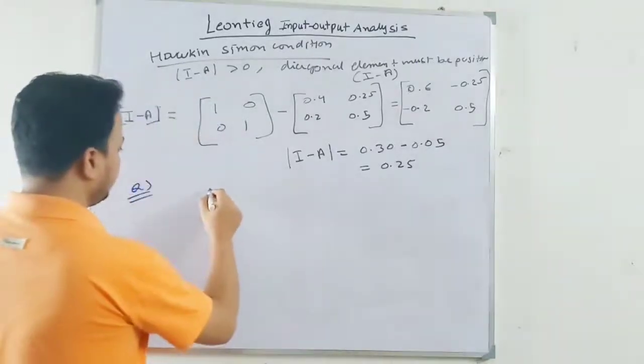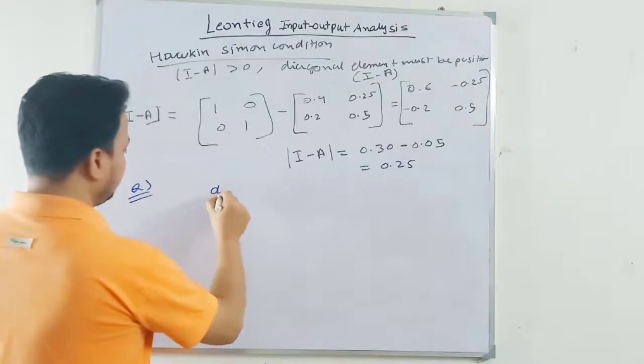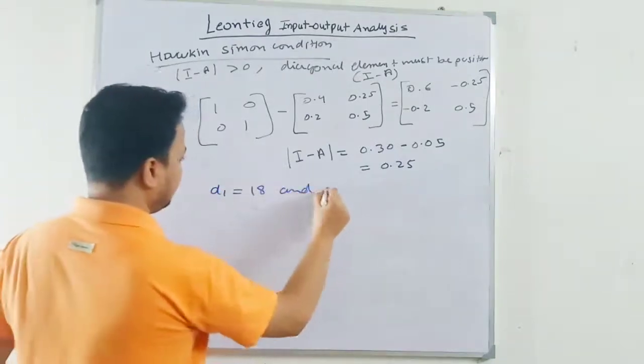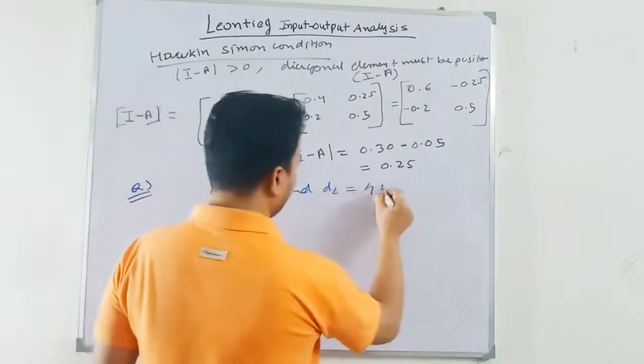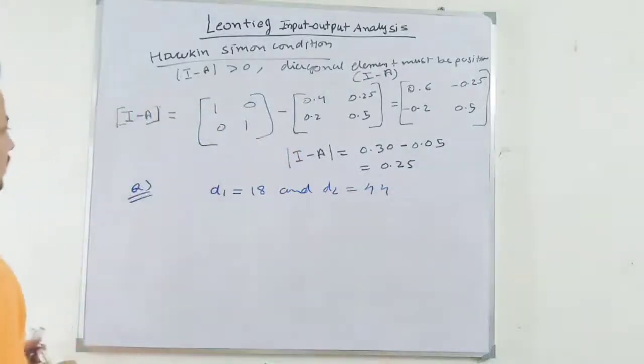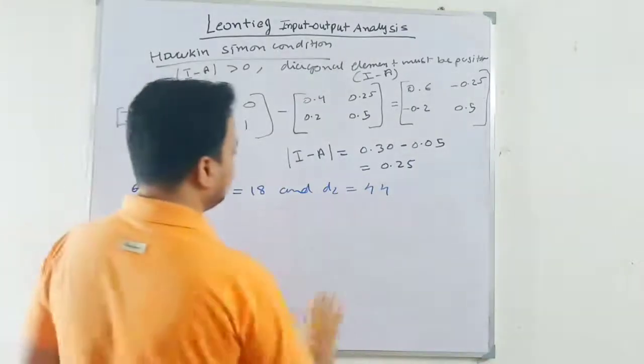First industry, now demand D1 is 18, and for the second industry D2 is 44. So this you have as final demand.